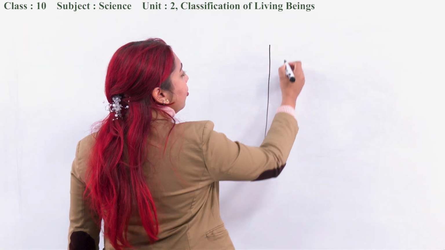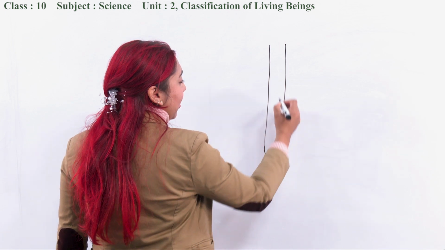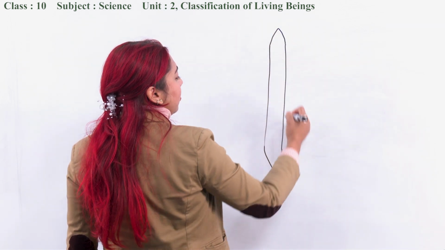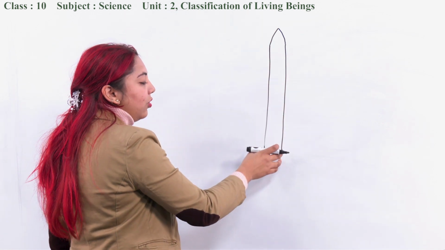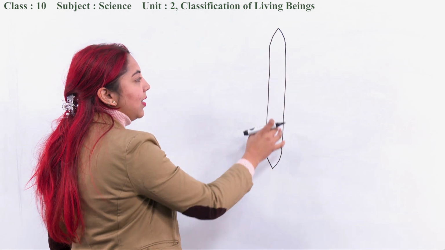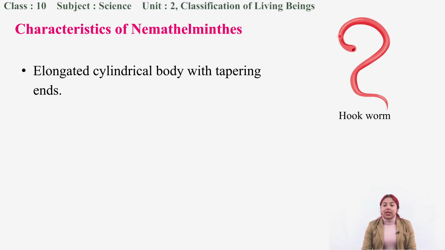It has the cylindrical body and it has this tapering end, meaning this type of structure. So, this is the basic structure of the animal belonging to the phylum Nemathelminthes. As you can see here in the hookworm as well, it has a cylindrical body and this tapering end.